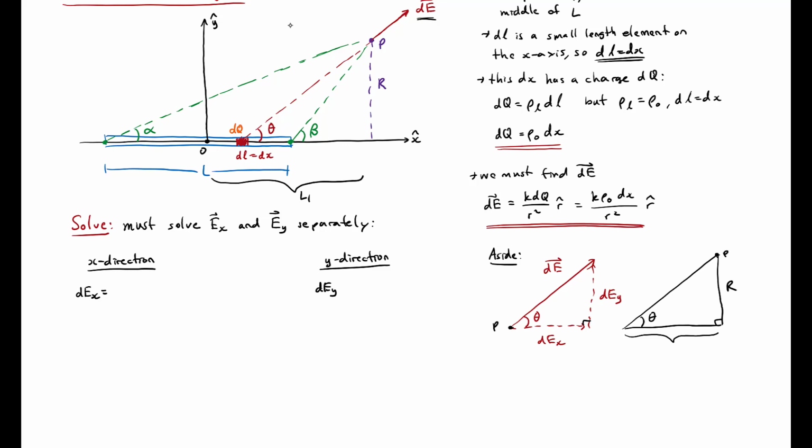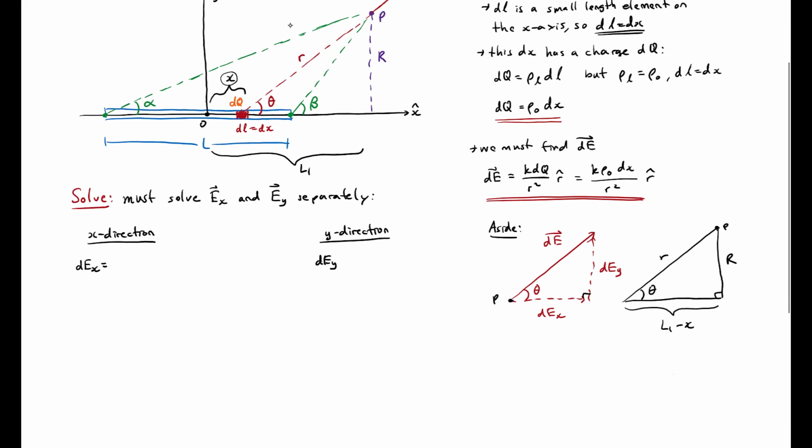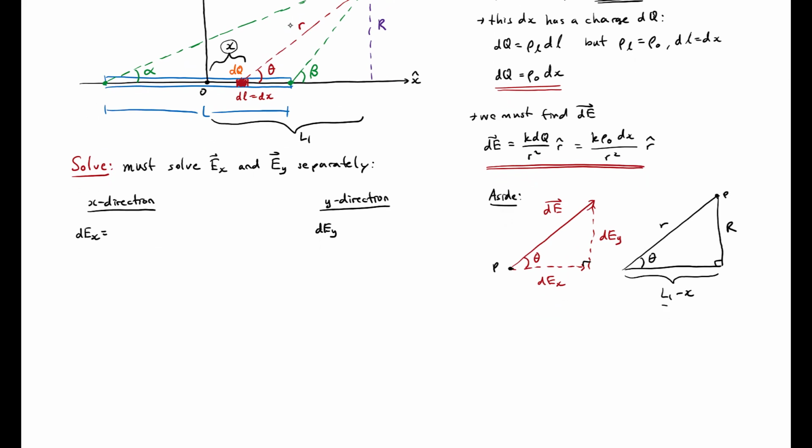Then the distance here, because we can consider this to be x, we can call this L1 minus x, with a hypotenuse of r. I hope this makes sense. There are two different triangles here, and we just created some value with respect to x, because we do have to integrate with respect to x at some point. So we now have L1 minus x at the bottom. And like I said, this is just a number.